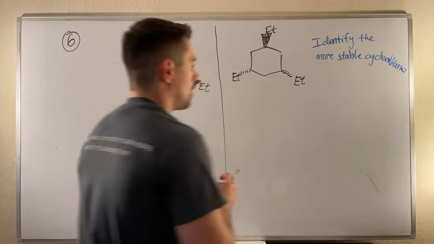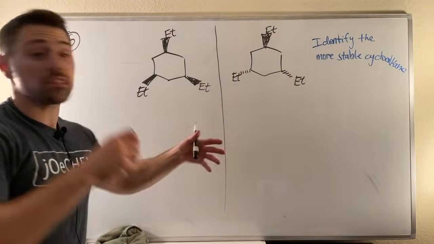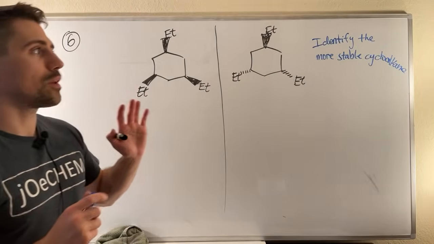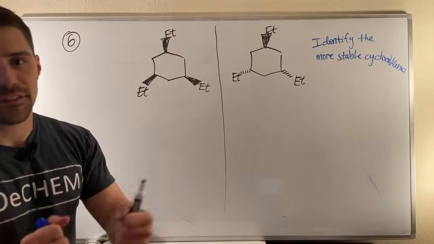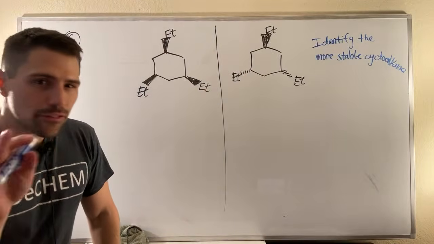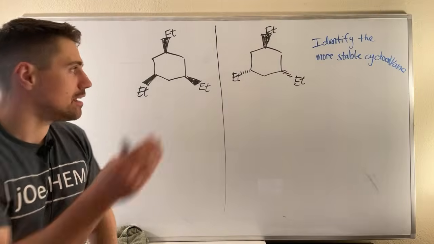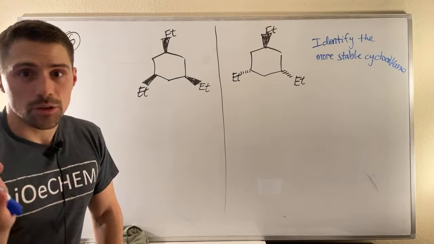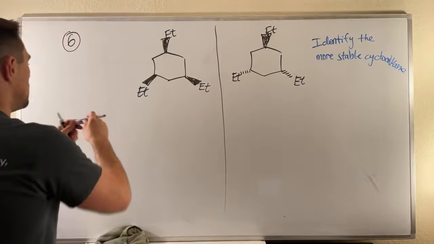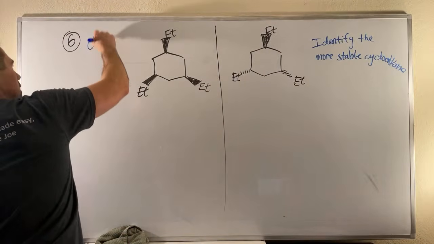Okay, so, or the more stable structure, right? Someone could be very vague with how they're wording this, but the point of this question is identify the more stable structure between these 2. Now, if anyone's ever asking you that in the context of cyclohexane structures, just know what they are asking you is a chair question.